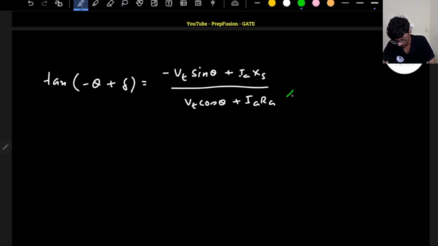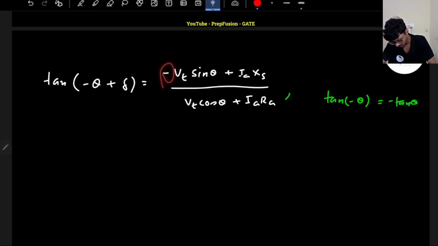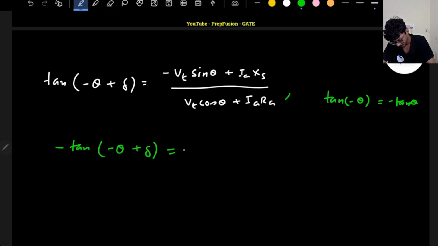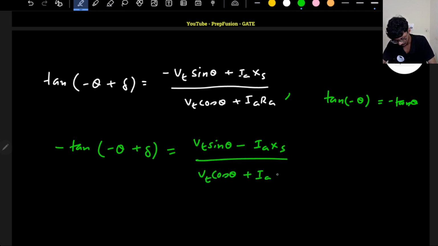One thing you have to understand is that tan of minus theta is equal to minus tan of theta. So if I take the negative sign common here and multiply by minus 1 on both sides, this will be minus of tan of minus theta plus delta equals Vt sin theta minus Ia Xs divided by Vt cos theta plus Ia Ra. Now I know minus tan of minus theta is equal to tan of theta, so I can take this negative sign inside.